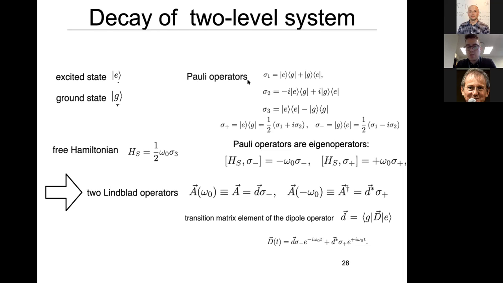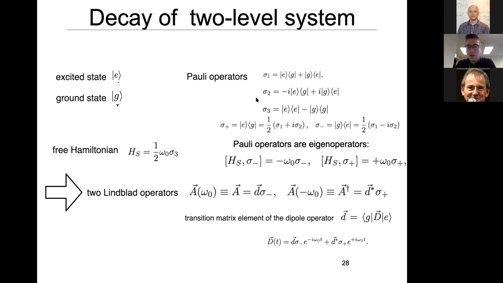And since any two-level system is isomorphic to a spin-half system, the properties of any two-level system can be characterized in terms of the Pauli operators.